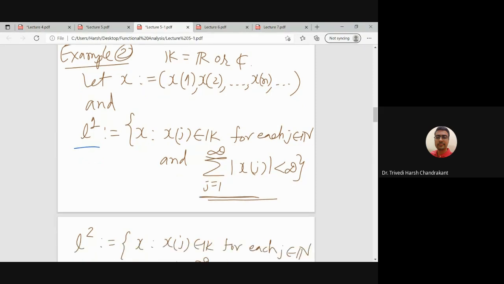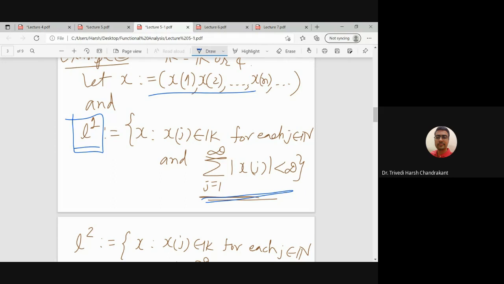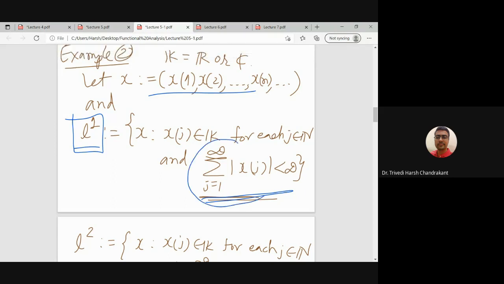We are going to consider all the sequences in this set L1 for which the corresponding series is absolutely convergent. This is the meaning of absolute convergence.